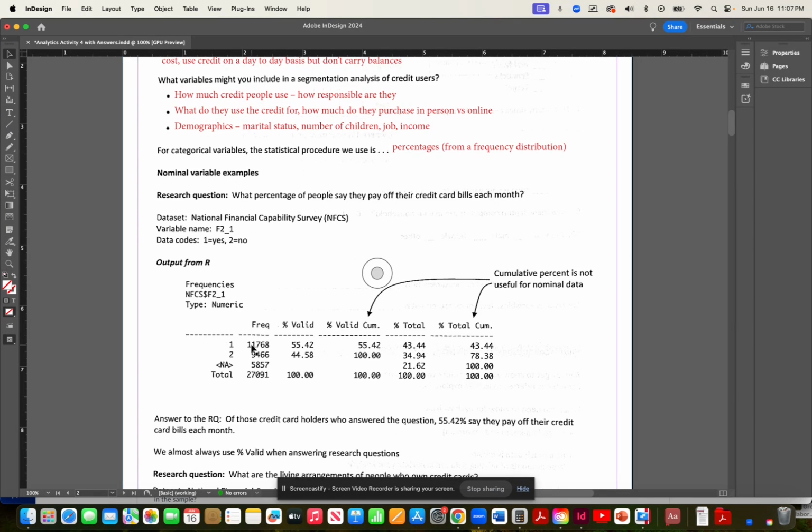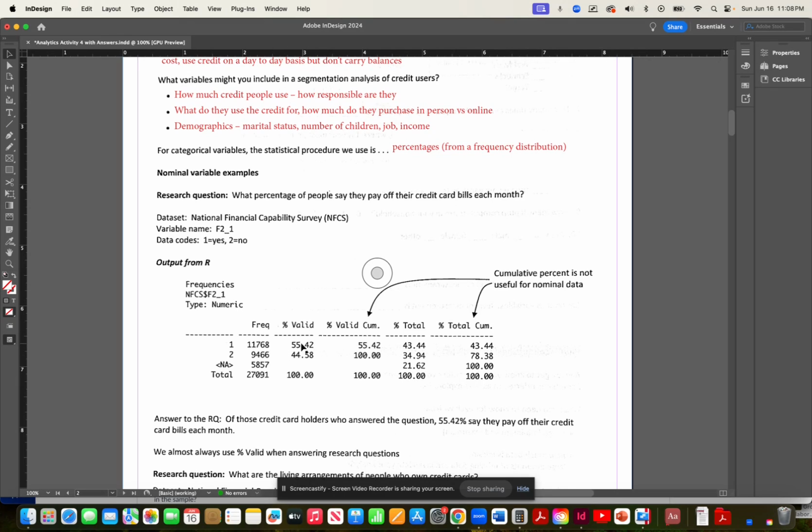And we can see that we have 11,768 people who said yes, 9,466 said no, and then 5,857 did not respond. And the percent valid, well, as the name suggests, is based on the valid responses.